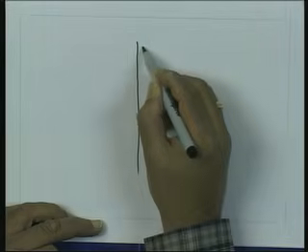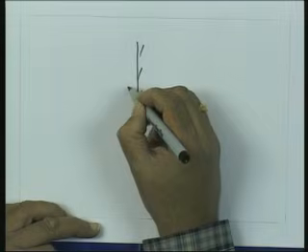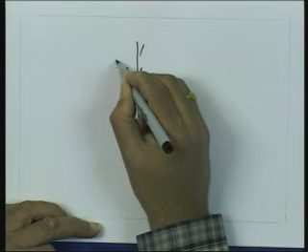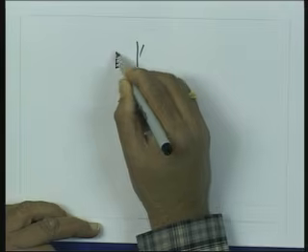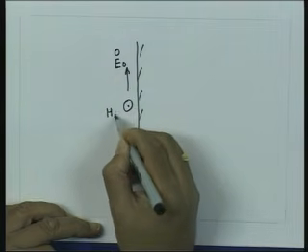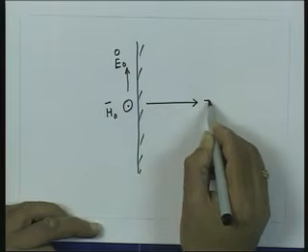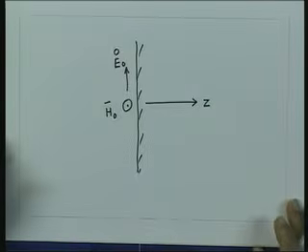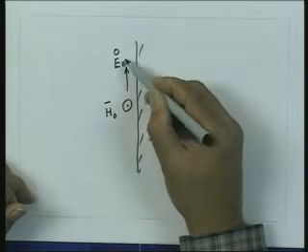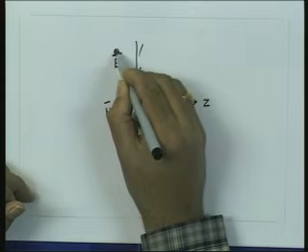So, if this is your interface, and the electric field in this direction is E0, then the magnetic field is H0 and the wave is travelling in this direction, the Z direction. I can find what the power flow is at this location.